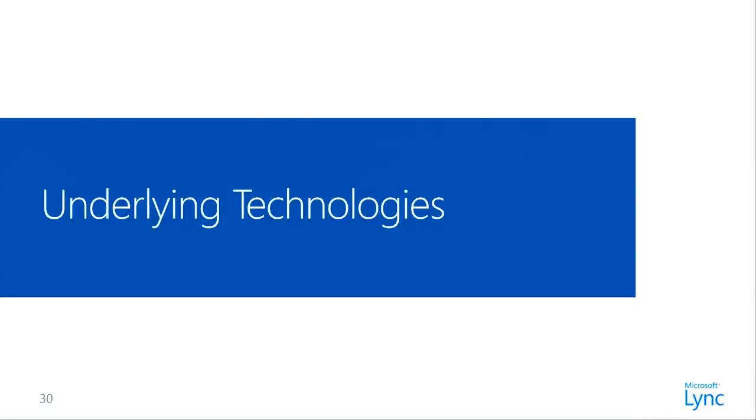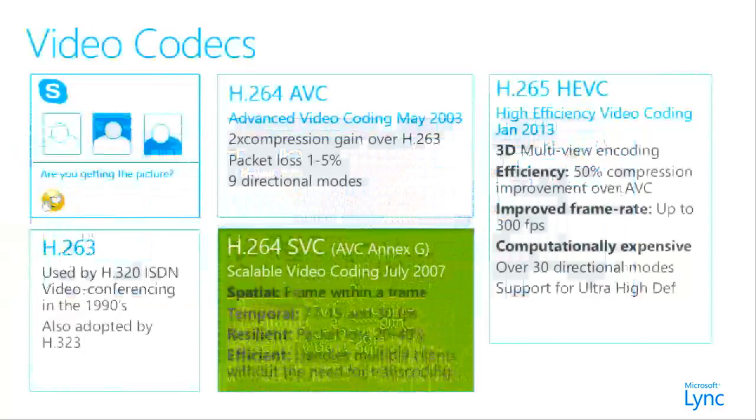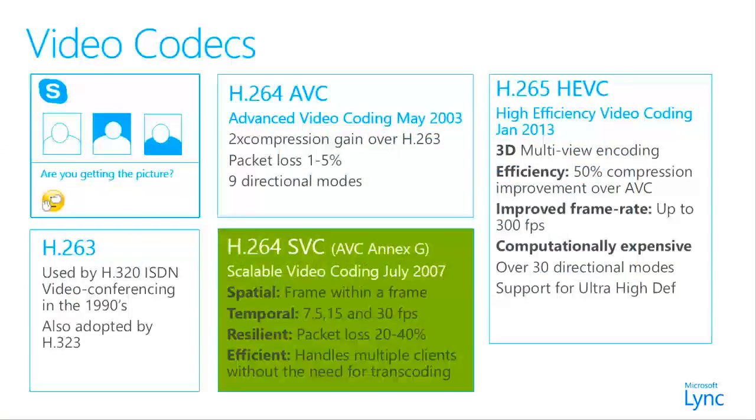Okay, so very quickly, H.264, the industry was AVC. We're now more or less everyone is SVC. That's where we are too. We like it because it can handle significant network packet loss, 20 to 40%, based on some people's opinions.